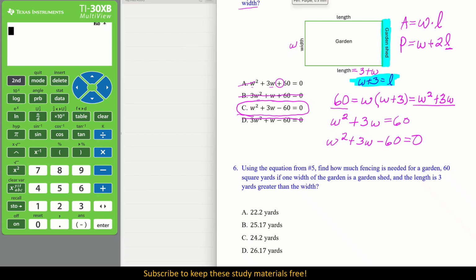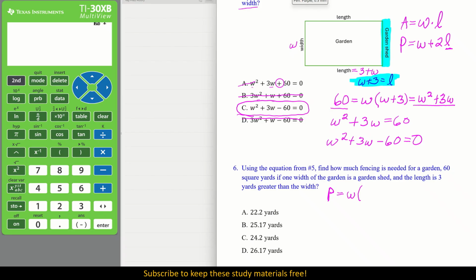So they're kind of repeating, and now they want the actual perimeter. We needed one width, and they're just asking how much fencing is needed. So that's just the three sides of the perimeter.